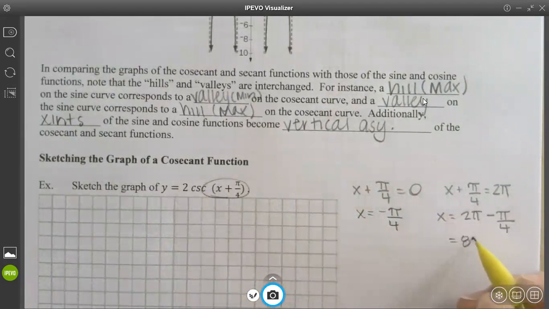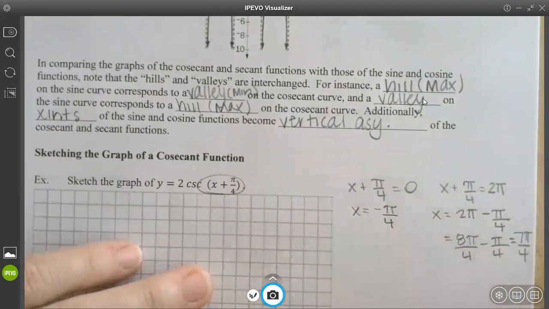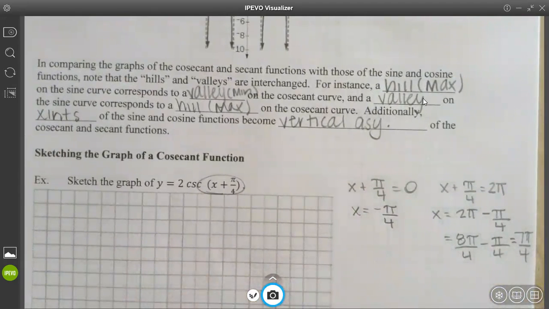This is the same thing as 8 pi over 4 minus pi over 4, or 7 pi over 4. Because that's what you do for sine and cosines.